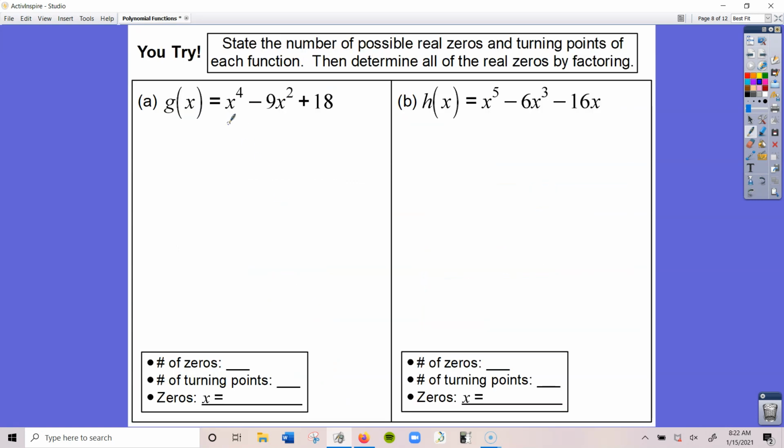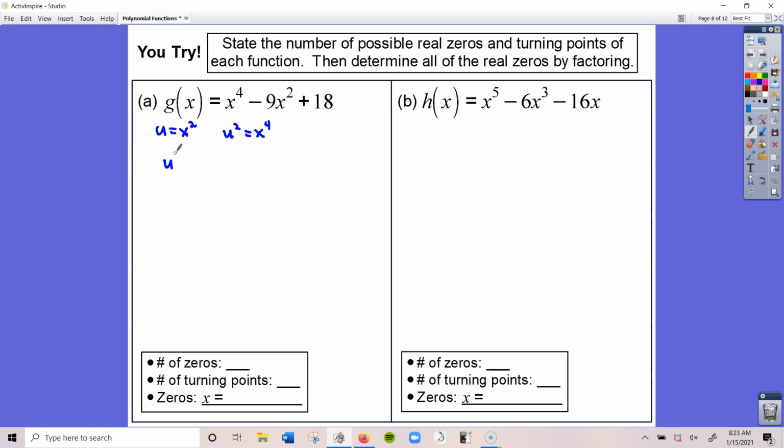This is another example where we have a polynomial that is in quadratic form. Notice the exponents go from 4 to 2 to none. So I'm going to make u equal to x squared and u squared equal to x to the 4th, and substitute it where I see it here.